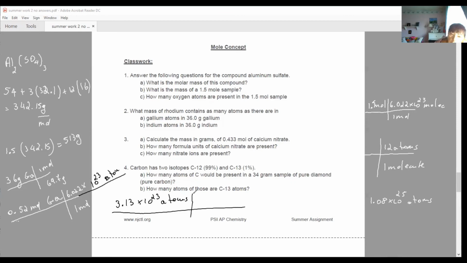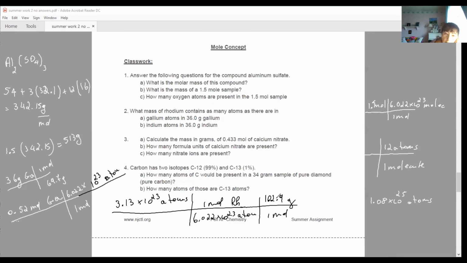Now, what is the mass of rhodium? Again, 6.022 times 10 to the 23rd atoms are in 1 mole of rhodium, and rhodium is right here and is 102.9. So 1 mole is 102.9 grams.